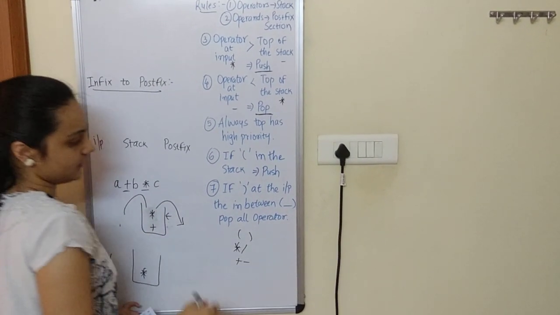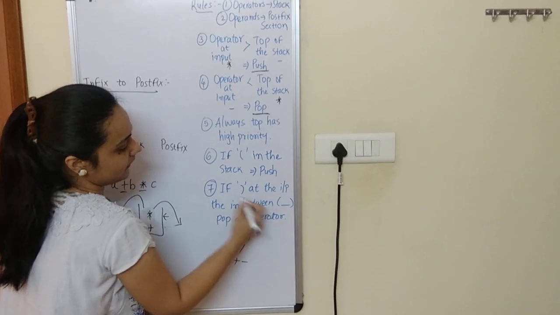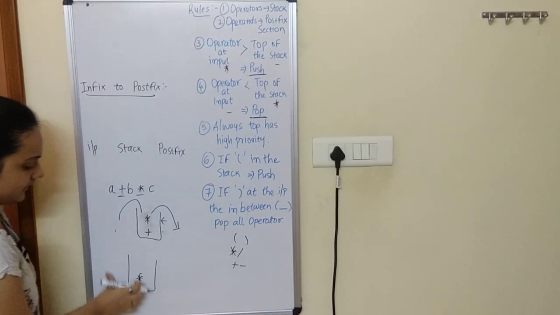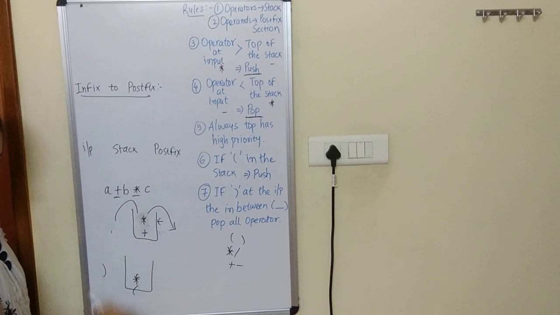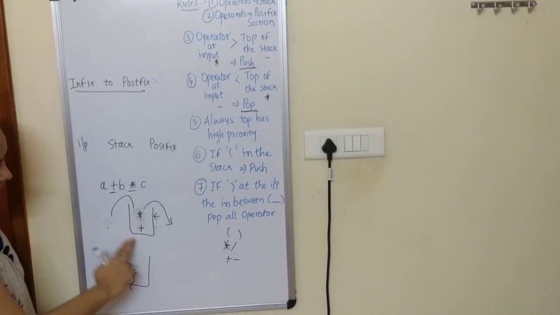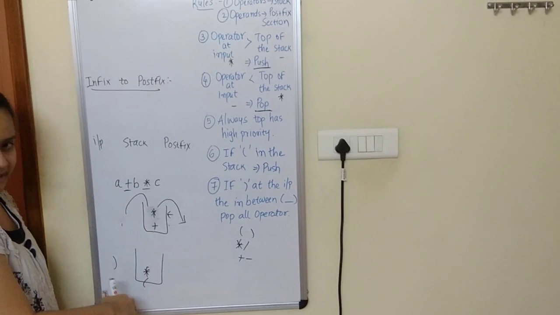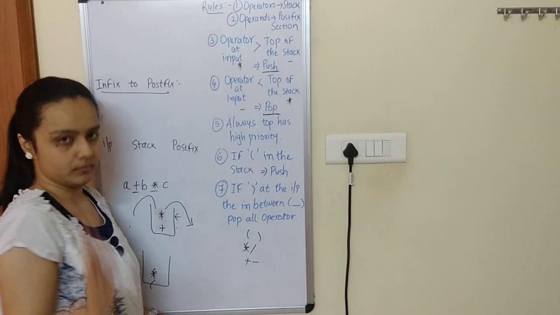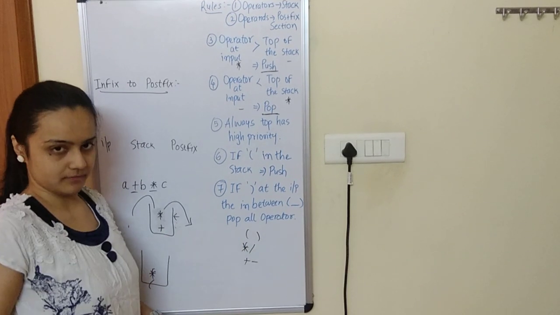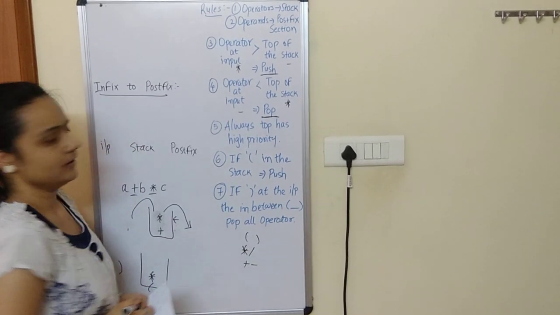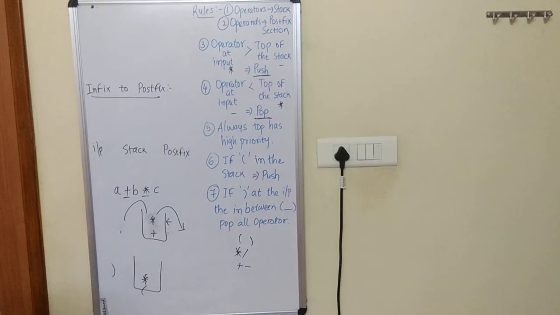Okay. And if, for example, I found right parenthesis in the input and there is already left parenthesis in the stack, so in between these two, whatever operators came, you have to pop all the operators. Okay, you will be more clear when you are solving the examples. So by example, I am going to explain you.